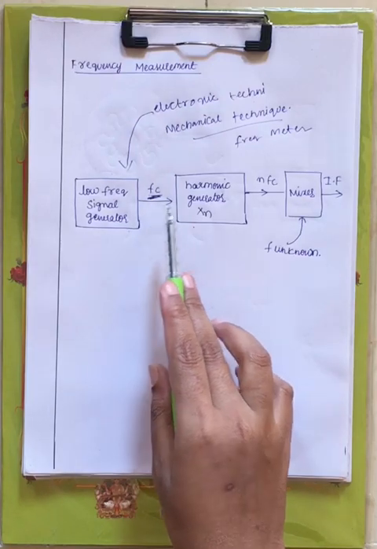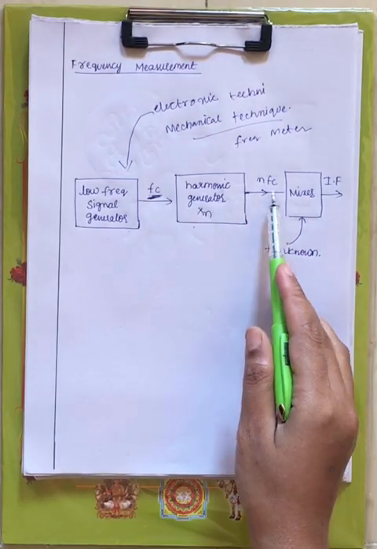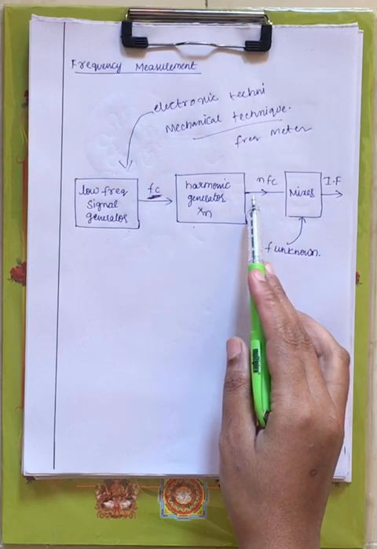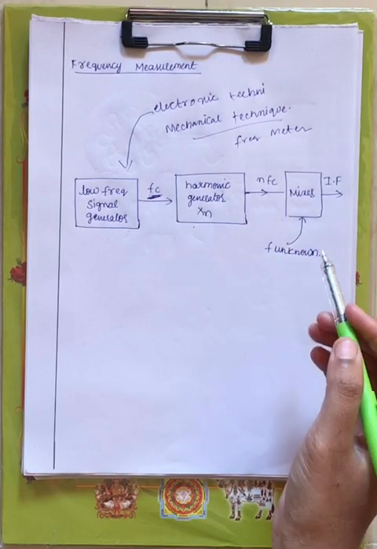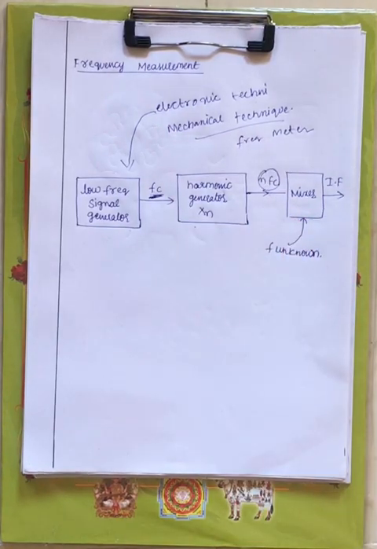This Fc along with the harmonic generator will give an actual signal with a known value of frequency, that is nFc, where n is an integer.